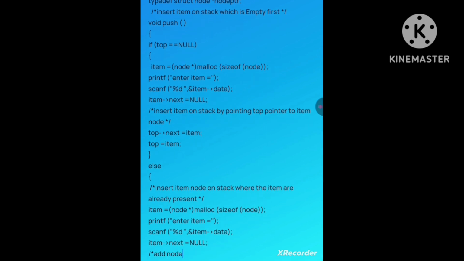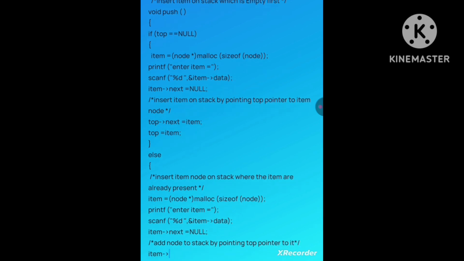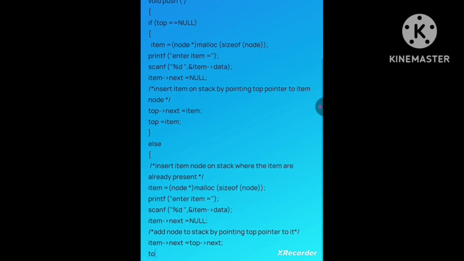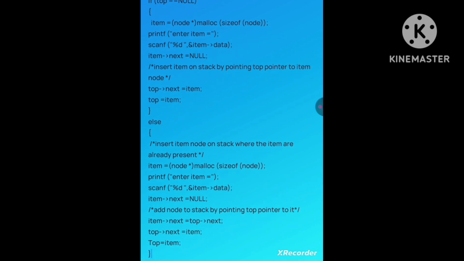Then the top of next will be assigned the value of node pointer, that is item node, and then at last the top will now be shifted to the item node which is inserted onto the stack and will become the top node, that is the last node of the stack.